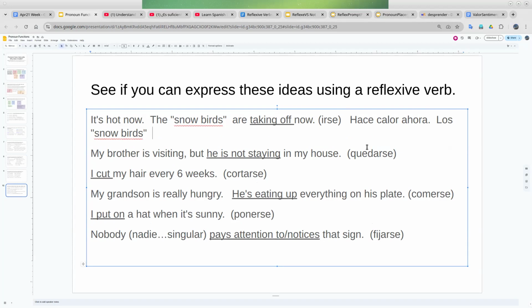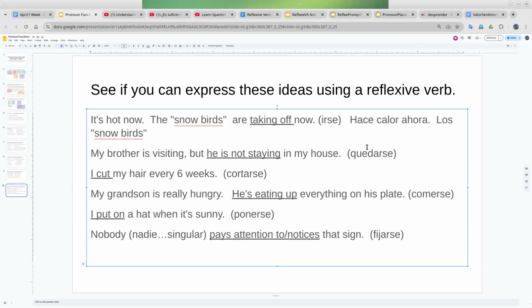And we're going to take irse. Irse means getting the heck out, leaving a place. It's kind of like using salir in a way, only it's a different verb for variety. So, how will we use irse to talk about los snowbirds?